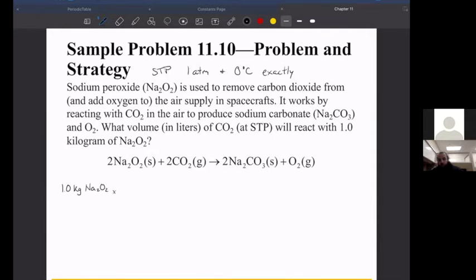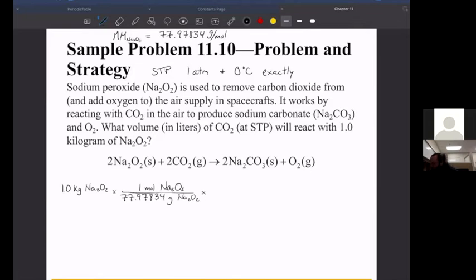So I'm going to have to use the molar mass of sodium peroxide, which I'll again tell you, but we should be able to get it from the periodic table, is 77.978334 grams per mole. So in order to convert to moles, I'm going to use this molar mass and convert to 1 mole sodium peroxide.